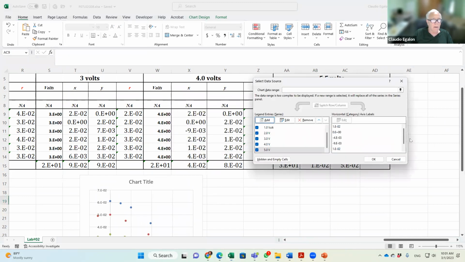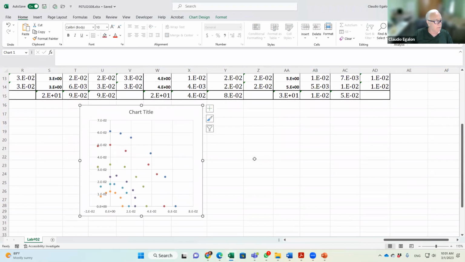Click it here, and then we have it. Here you go. We have all the surfaces here, about the equipotential surfaces.